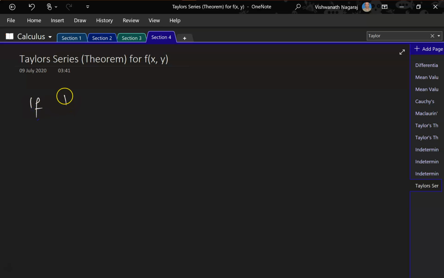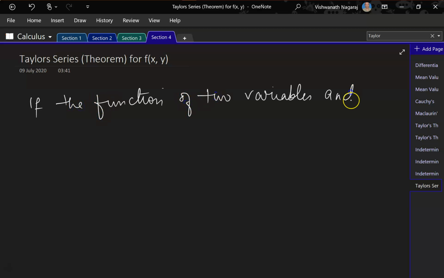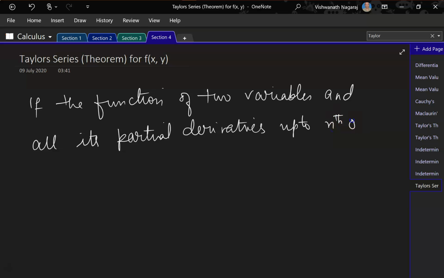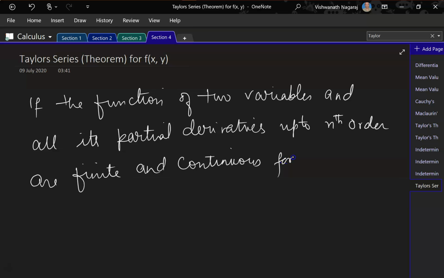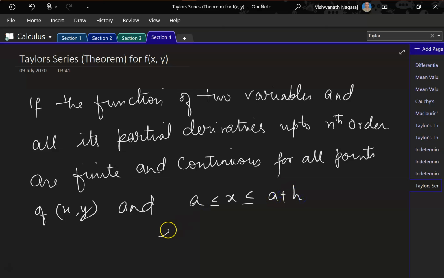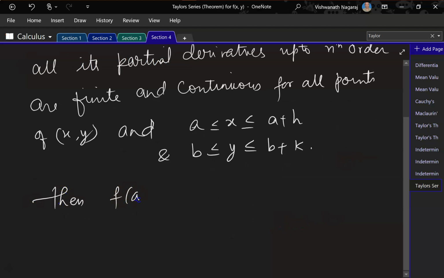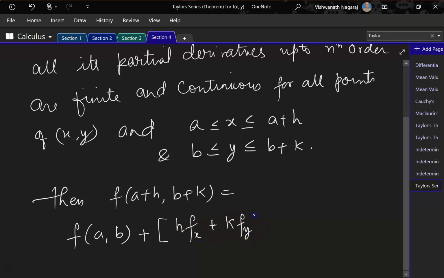If the function of two variables and all its partial derivatives up to nth order are finite and continuous for all points of x and y, where x is between a and a plus h and y is between b and b plus k, then f of a plus h comma b plus k would be equal to f of a comma b plus h f x plus k f y.